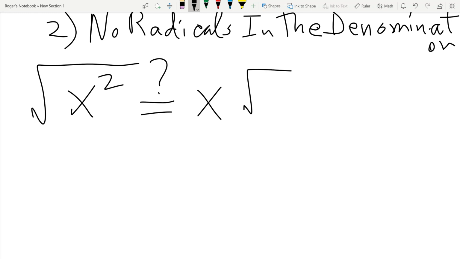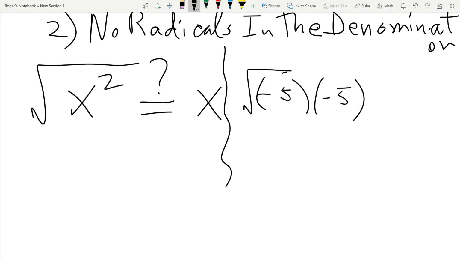Is the square root of negative 5 times negative 5, in other words, negative 5 squared, equal to negative 5? What do you think?